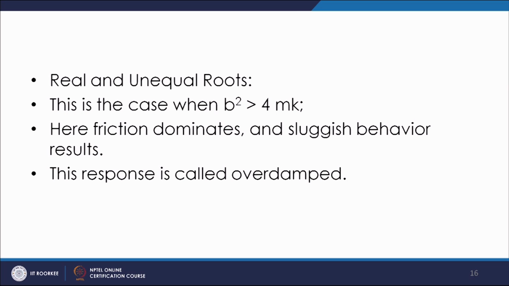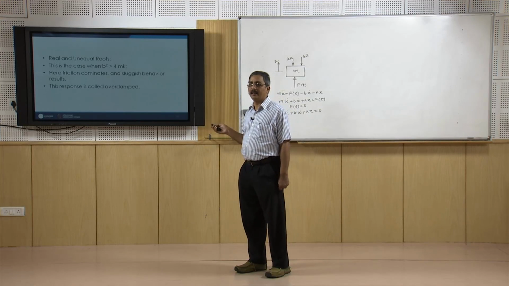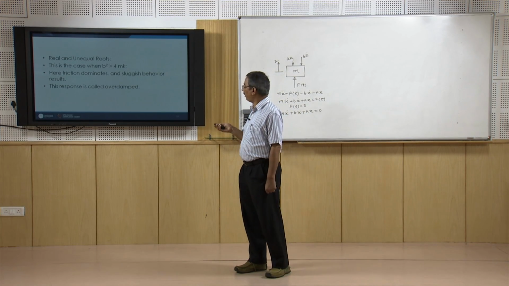What does this mean? This basically means that b, or the friction, is going to dominate, and if friction dominates, the behavior of the system is going to be sluggish, and this type of response is called the overdamped response. This behavior we can see in the Matlab simulation window.